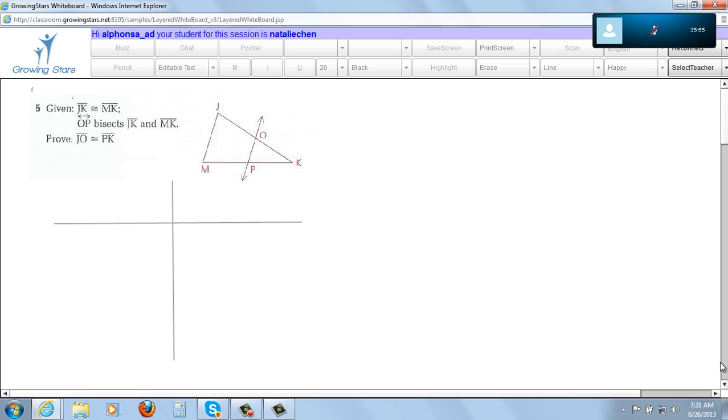Statement and reason. Now, this is another theorem which is already in the same lesson. It's known as perpendicular transversal. Perpendicular means that it makes 90 degrees with that angle.